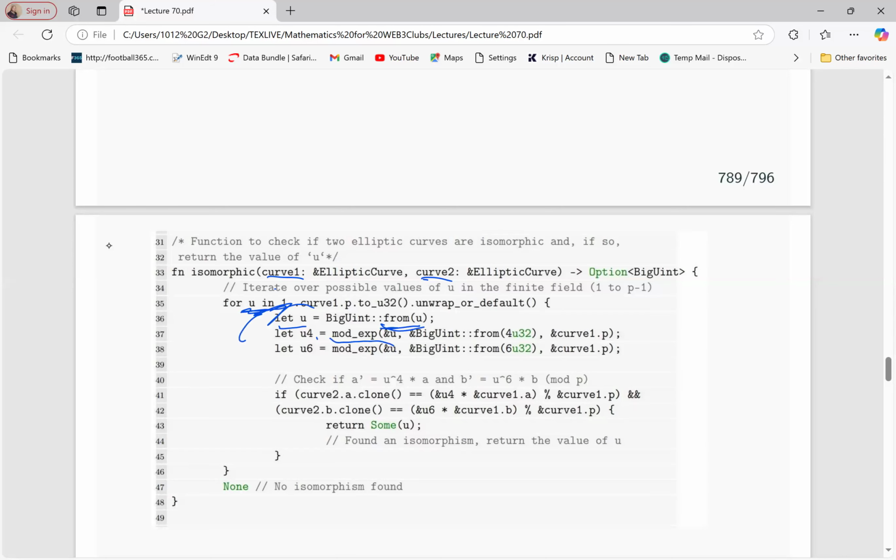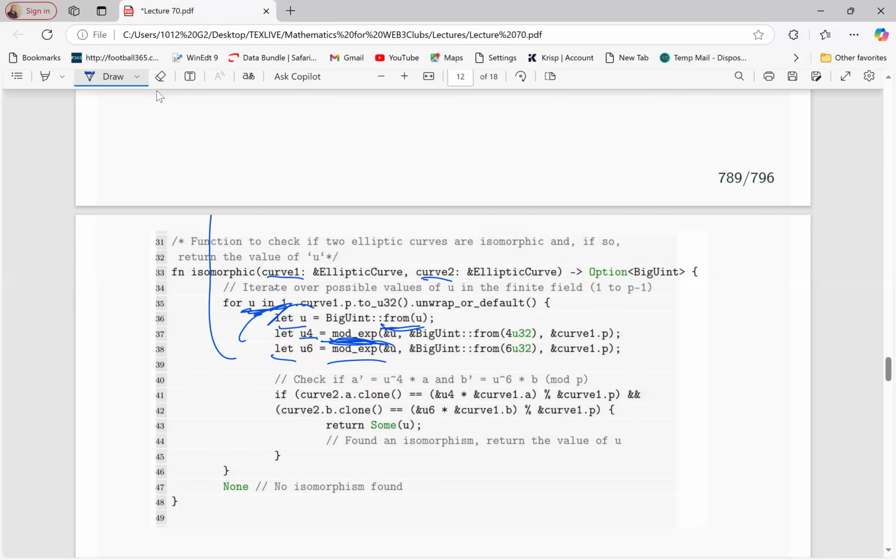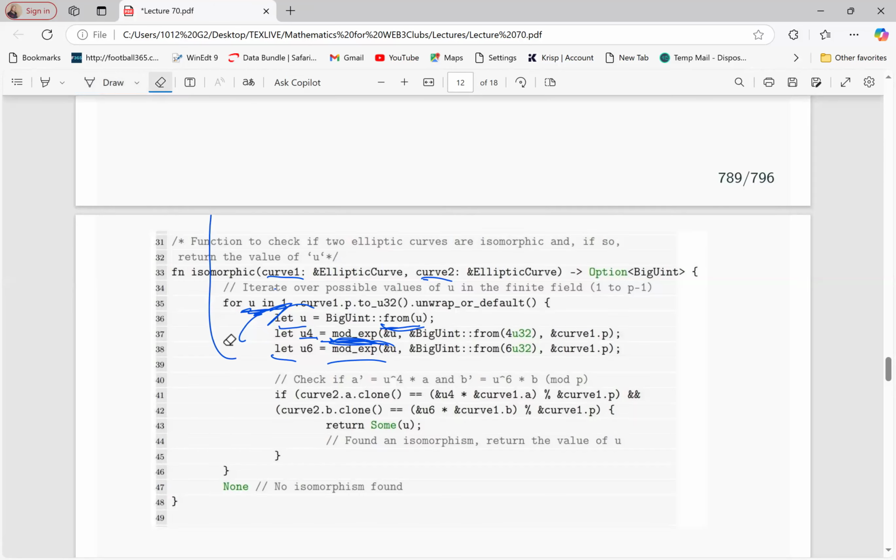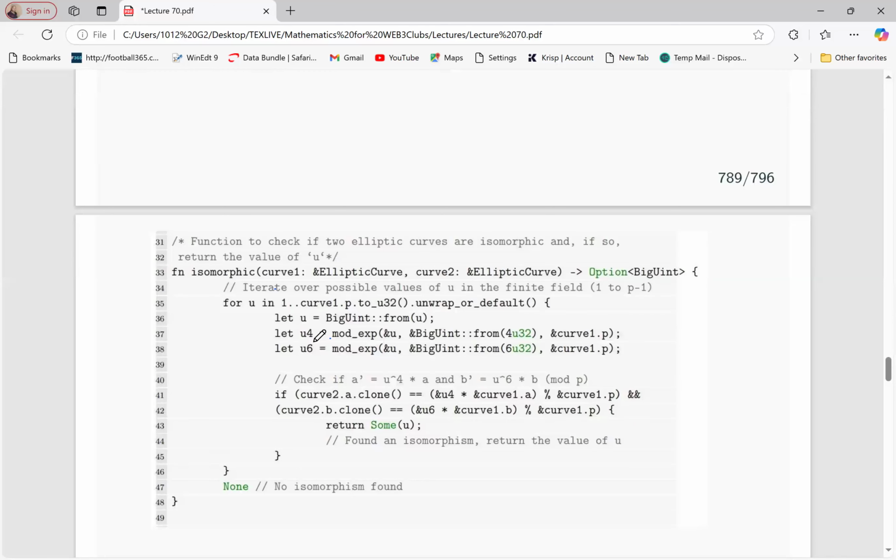It will just ask for it from the mod exponent function, which we've looked at above. So it asks for u raised to 4. Then it comes again and asks for u raised to 6 from the same function, the function we began with. So this one is just asking what is u raised to 4 and what is u raised to 6 from the first function.